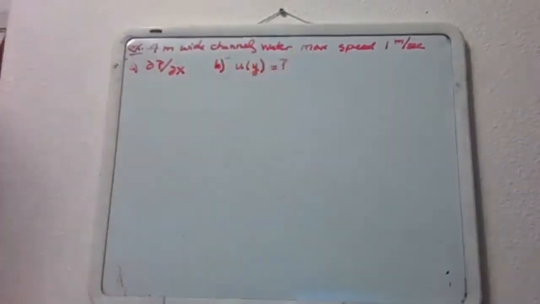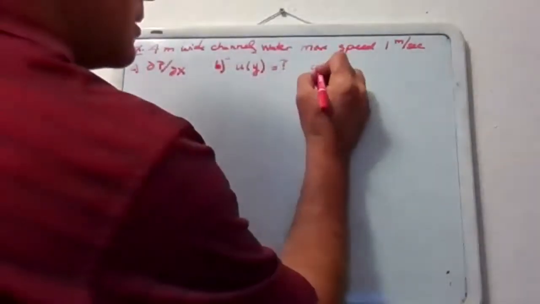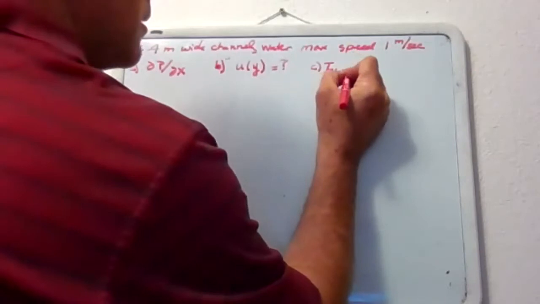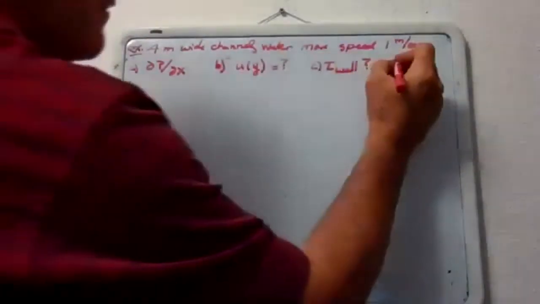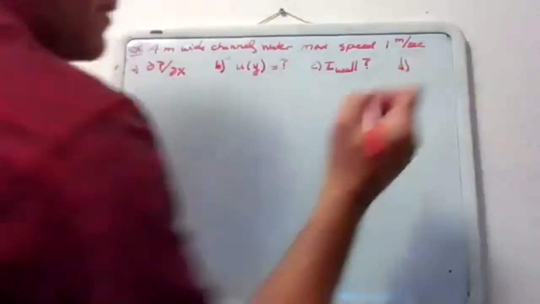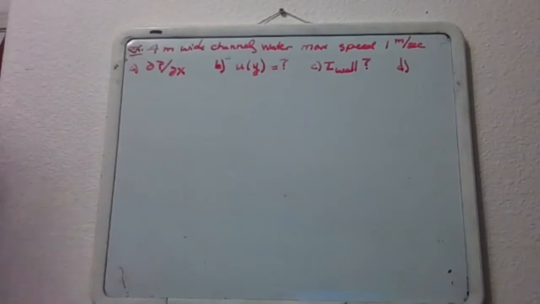Like if we needed to graph, what does the velocity profile look like? We are going to try to figure out the wall shear. And then finally, for D, just a note to myself, we're going to talk about the fluid internal shear. What's the fluid internal shear like?